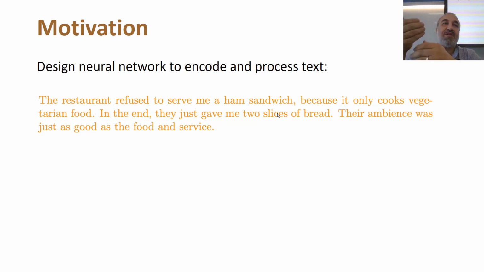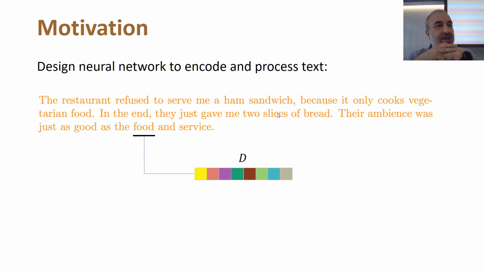Neural networks use numbers. So the solution is to convert text into numbers. Easy, right? Every word, like the word food here, should be represented as a vector of numbers. Of course, it shouldn't be just one number. We cannot represent a word by just one number, but maybe we can represent it by a list of numbers, maybe hundreds of numbers.